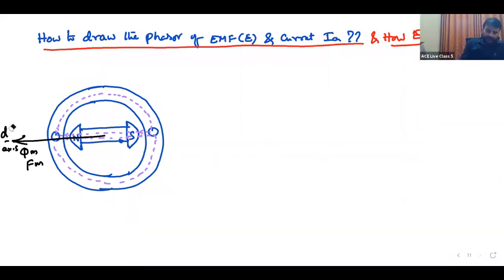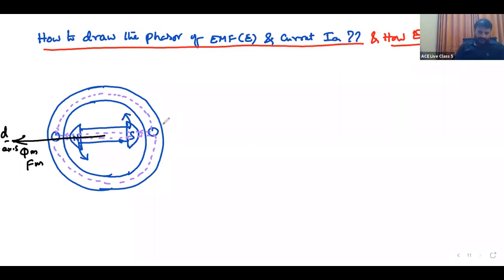When that is the d axis, the rotor is rotating in the counterclockwise direction. I am taking the counterclockwise direction. When the rotor rotates counterclockwise, what is the current in this conductor? Under a north pole, the current is dot. Under a south pole, it is cross.